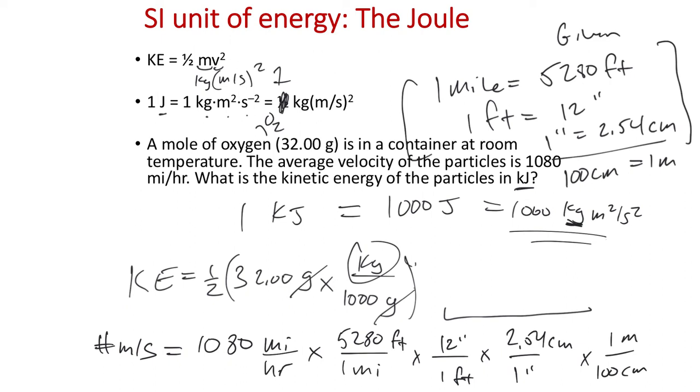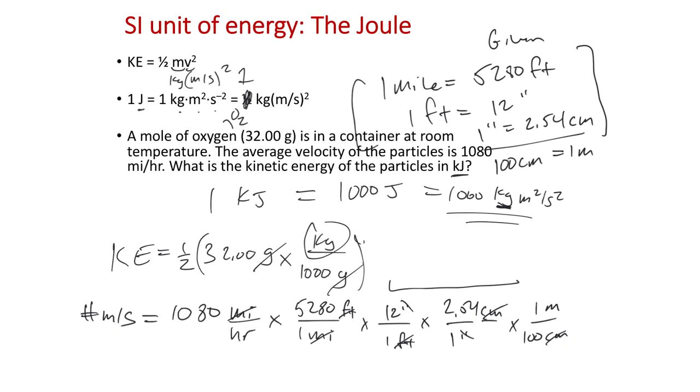So if we stop here, we've gone from miles to feet, feet to inches, inches to centimeters, centimeters to meters. If I stop the calculation right now, I'd have the meters per hour. We just got to go to meters per second.